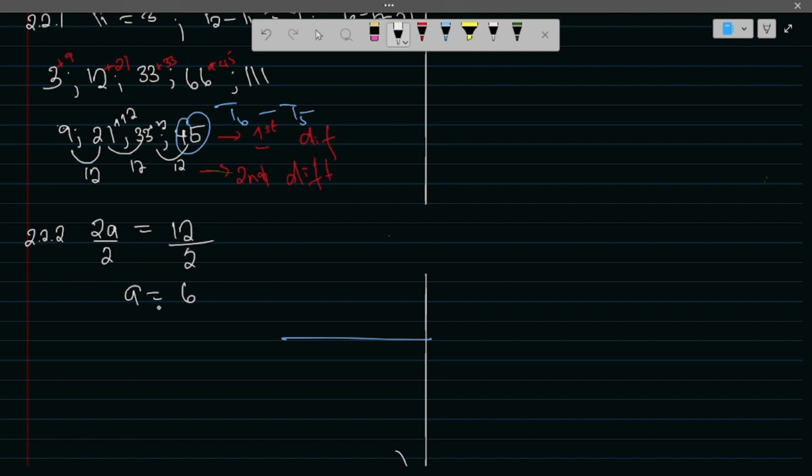So now our equation is going to be Tn equals 6n squared plus bn plus c. So now we have one equation. Also we know that the first term, t1, is equal to 3.